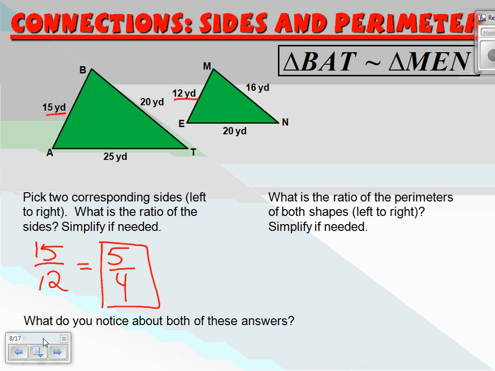Now, what I'm going to do is answer the question on the right-hand side. It says, what is the ratio of the perimeters of both shapes? Left to right. Let's figure out the perimeter of the left-hand shape. 15 plus 20 plus 25. If I add all those together, my answer is 60.